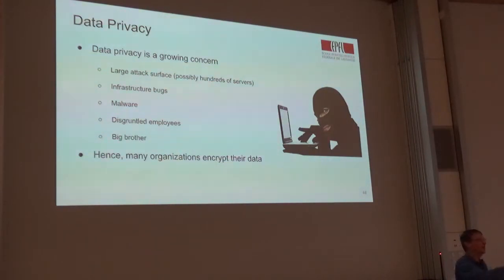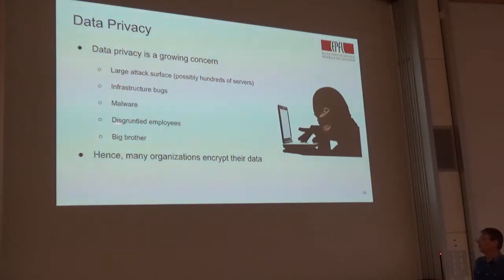They are even in places like the United States of America, where the government can come with a subpoena and say, well, you have to give me your data, and you're not even allowed to talk about it. You can have bugs in there, malware.